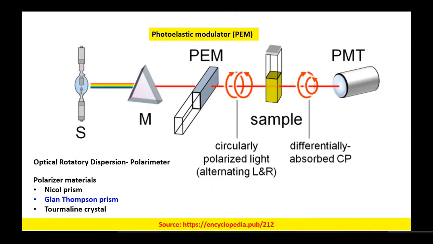So, what happens in CD spectroscopy? We have a high intensity light source. Then we have the excitation optics. In this excitation optics, we have the polarizer inbuilt. What do you mean by polarizer being inbuilt? This means you have lenses, a collimating system, and a monochromator, and in addition to that, you have the polarizer also.